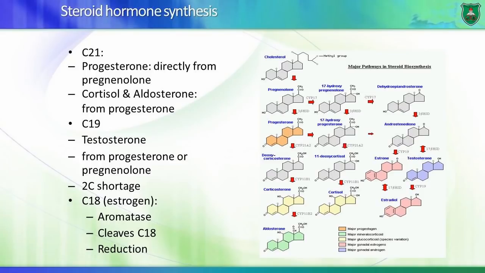So you can have pregnenolone going into testosterone or progesterone going into testosterone. And you have the formation of estrogen from testosterone as well as estrone. So you have the reduction of testosterone into estradiol.